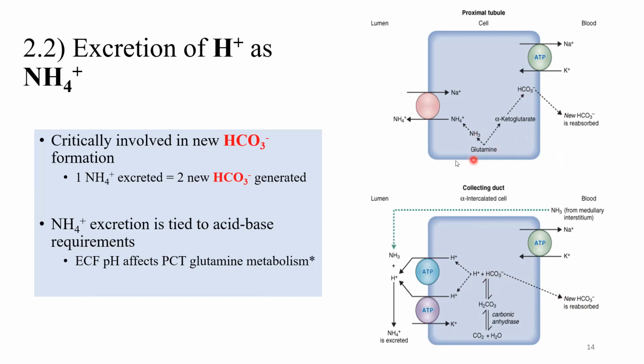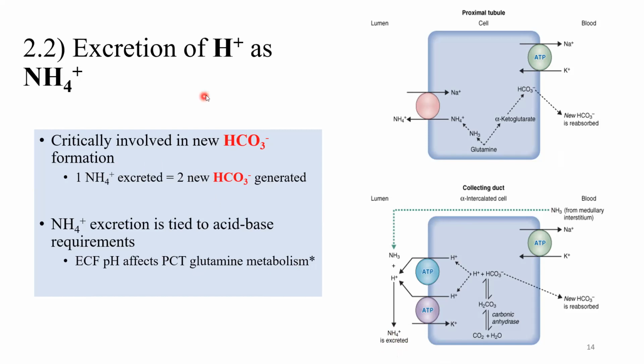So each glutamine amino acid, when it's broken down, produces not one, but two new bicarbonate ions. To complete the equation, ammonia is combined with hydrogen to form ammonium. Ammonium is a weak acid and it's easily excreted. So that's that.